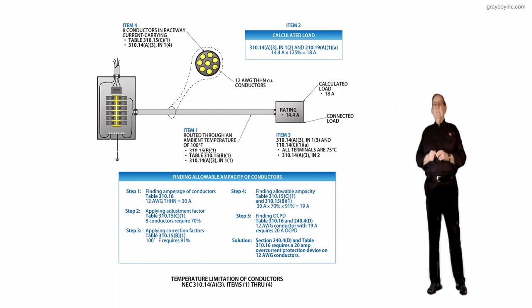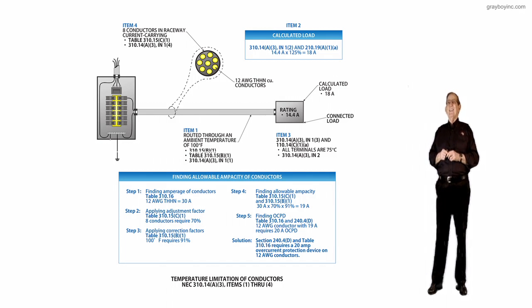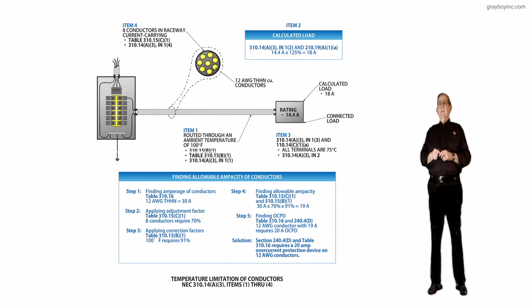Keep that in mind. Now, number 2, we go up at the top of the illustration on the right, and you see it says calculated load. Now, the connected load is 14.4 amps.